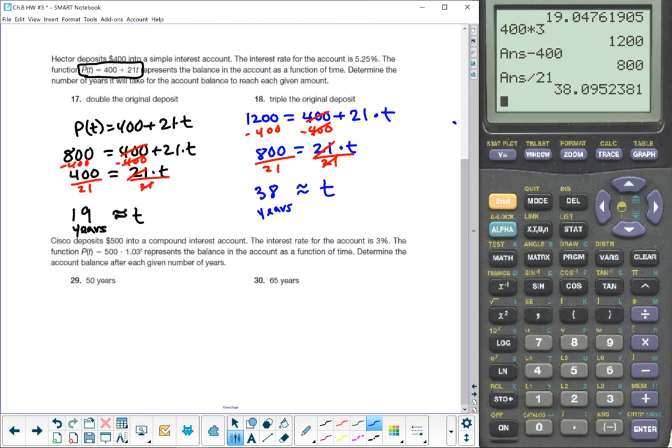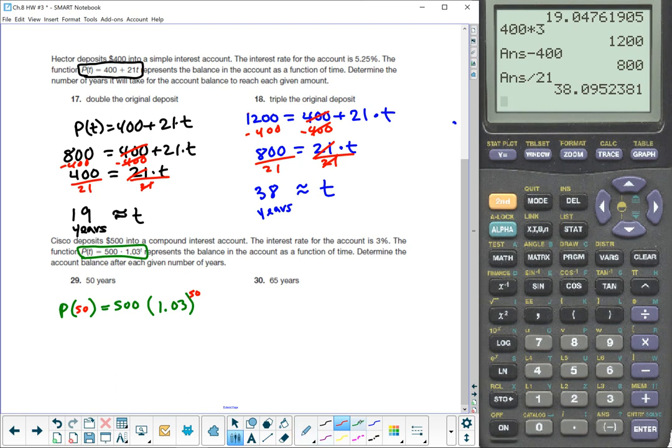Okay, last two. Cisco deposits 500 to a compound interest account. Again, we want to do the work, but it's okay. They already gave us the compound interest problem right here, and we just want to do 50 years. So P of 50 equals 500 times 1.03. I like the parentheses because it's much less confusing, and then the 50 power.